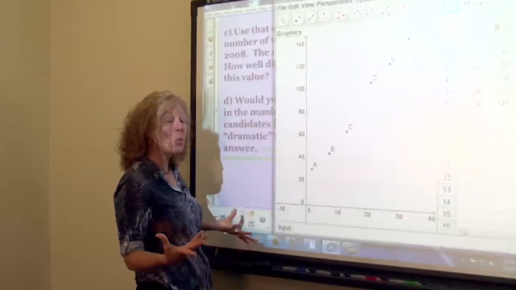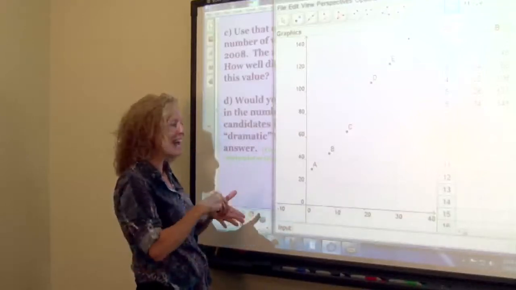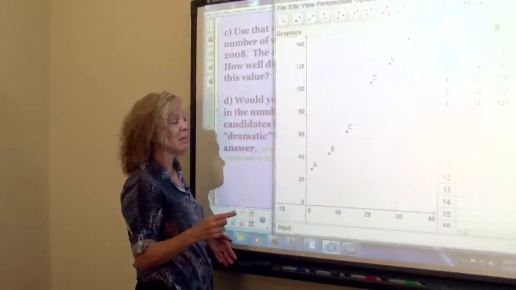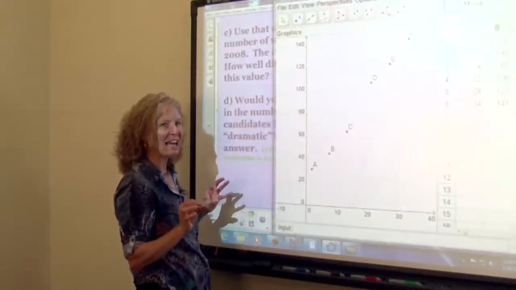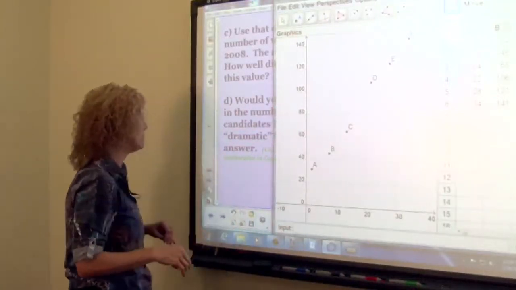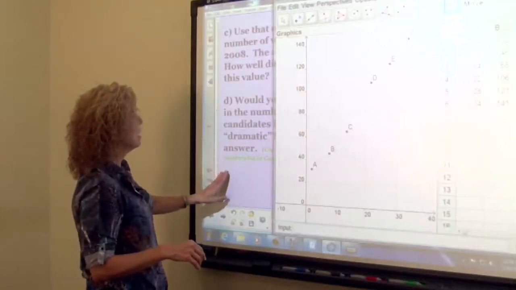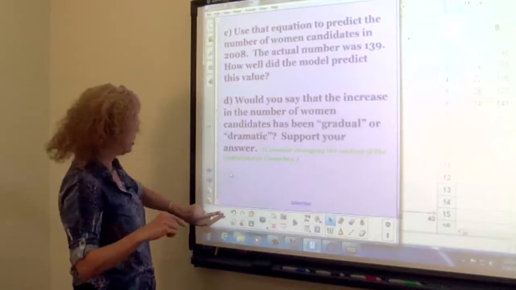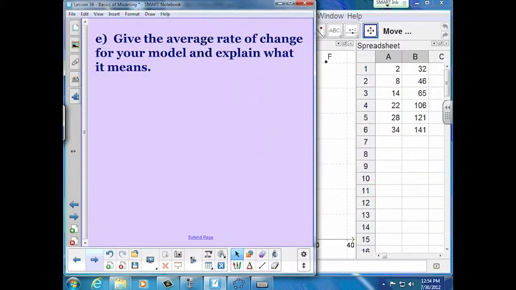I haven't changed the data one little bit. It is exactly the same situation. It just looks different. So you want to be careful about letting your eye tell you too much. Okay? And by the way, that's where you want to really understand what the slope is and what that's telling you.